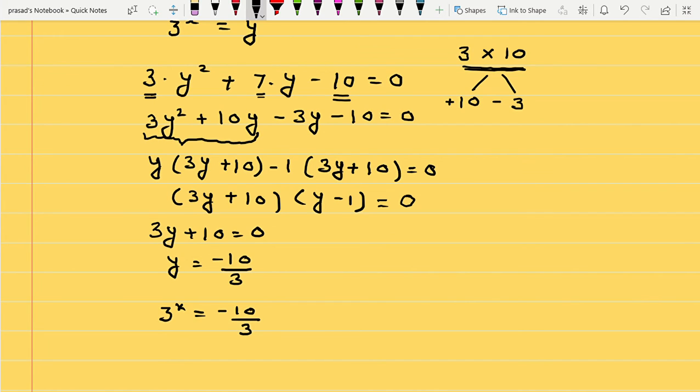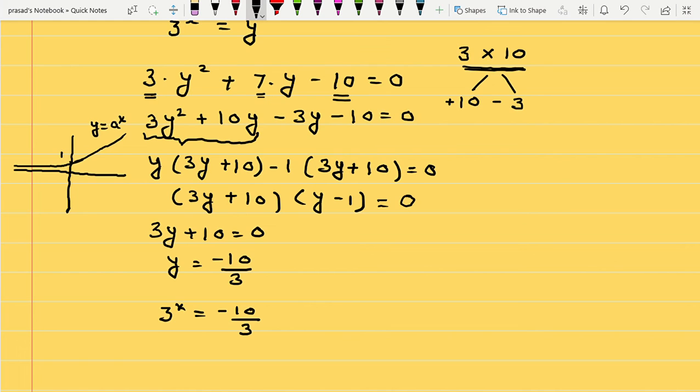But you know about the graph of exponential functions. I'll just draw a rough sketch here. So for exponential functions which are in the form y is equal to a to power x, x-axis is the horizontal asymptote. So the function comes from infinity, passes through 1 on y-axis and goes to infinity.